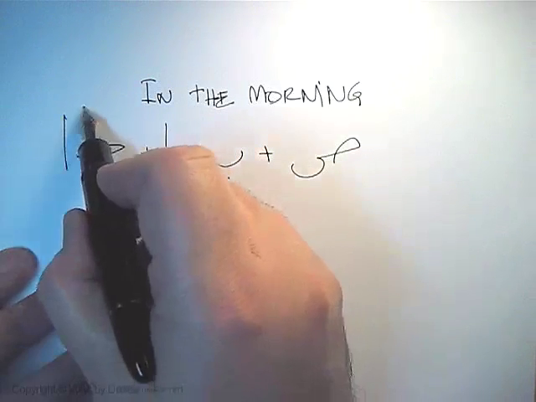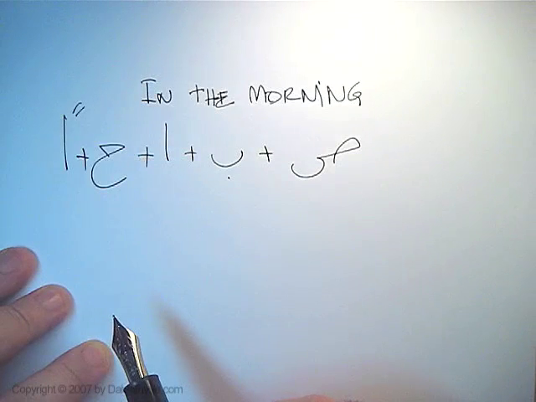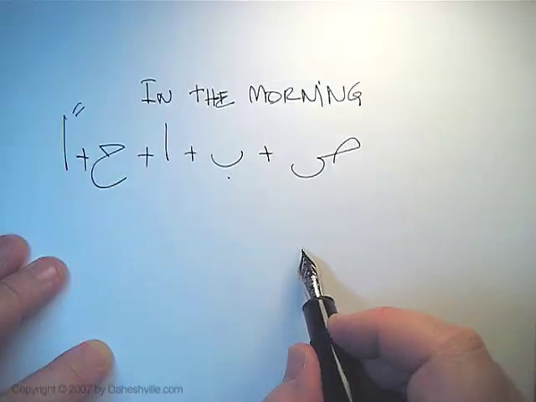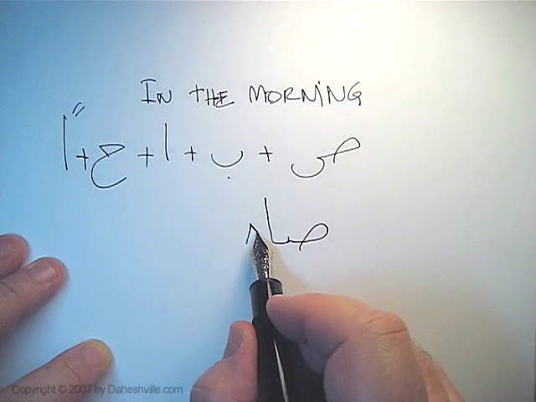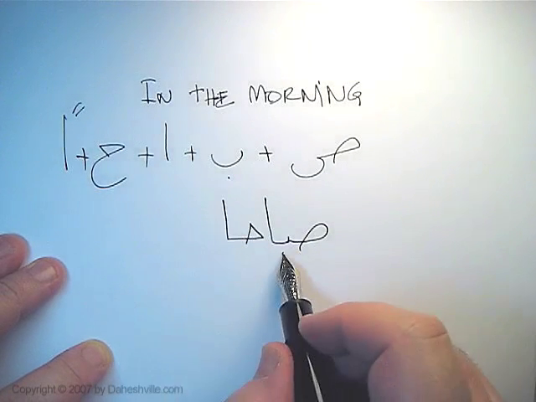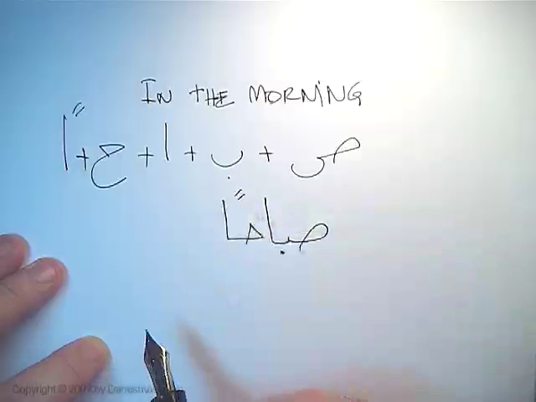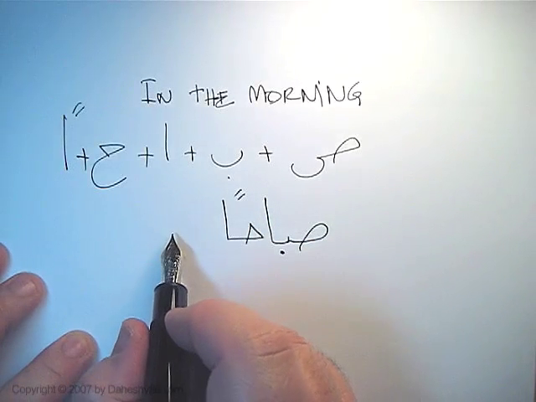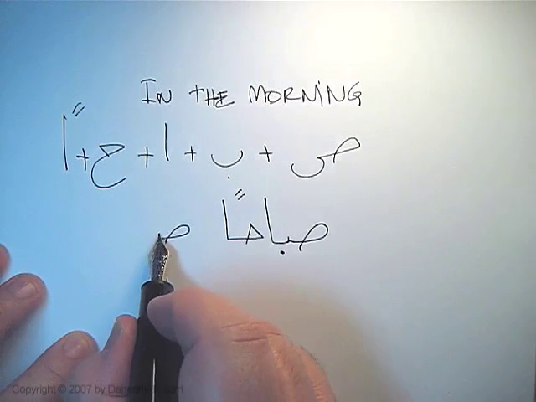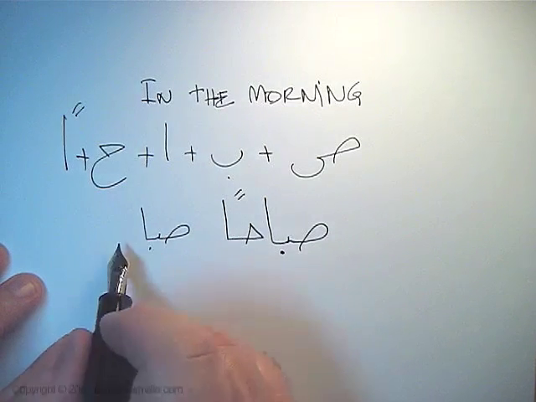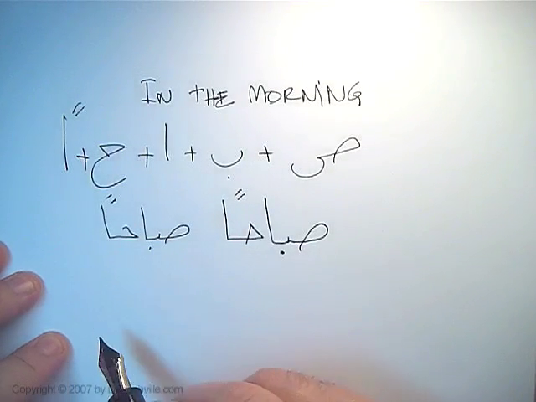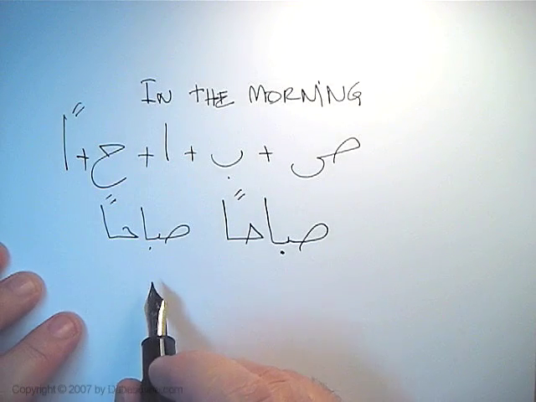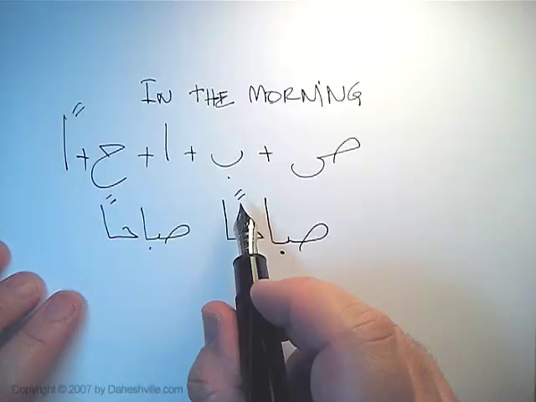Sad, ba, alif, ha, and alif with a diacritic. And this diacritic is not optional. We have to place it. So sad, ba, alif, ha. And by the way, in Arabic, we're supposed to first write the basic structure or skeleton of the word or the chassis, then add all the accents, the dots, the dashes, the diacritics, all that after we flesh out the basic skeleton.